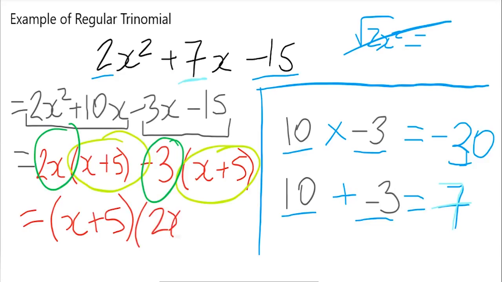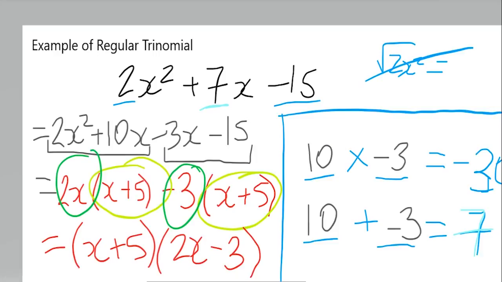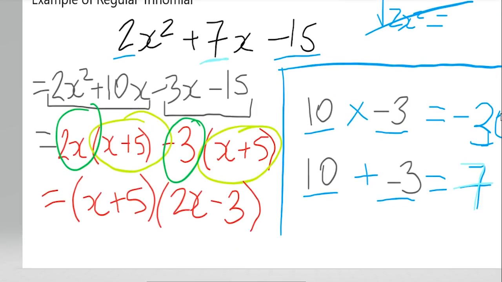So you get 2x minus 3, right? Because that's that, and that's that. Okay, and you're left with this, and then you can verify by expanding. I want you to try that out on your own, but that is essentially that.